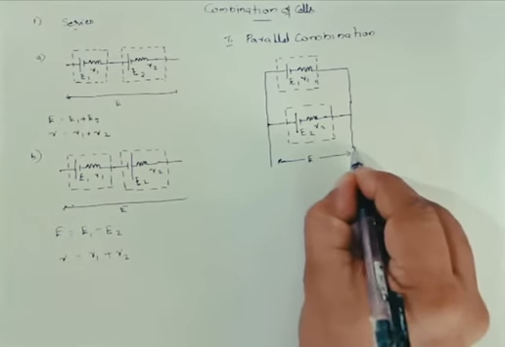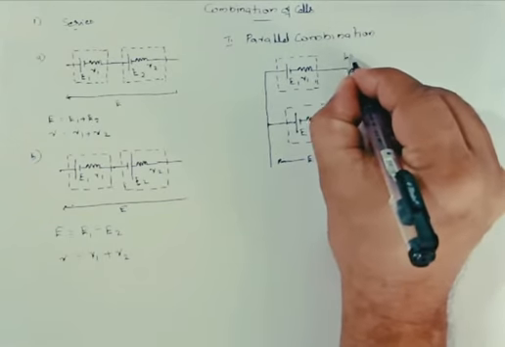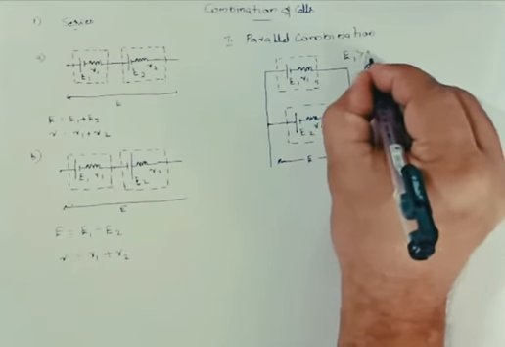And between these two ends you will get the effective EMF. Let us assume that E1 is greater than E2.